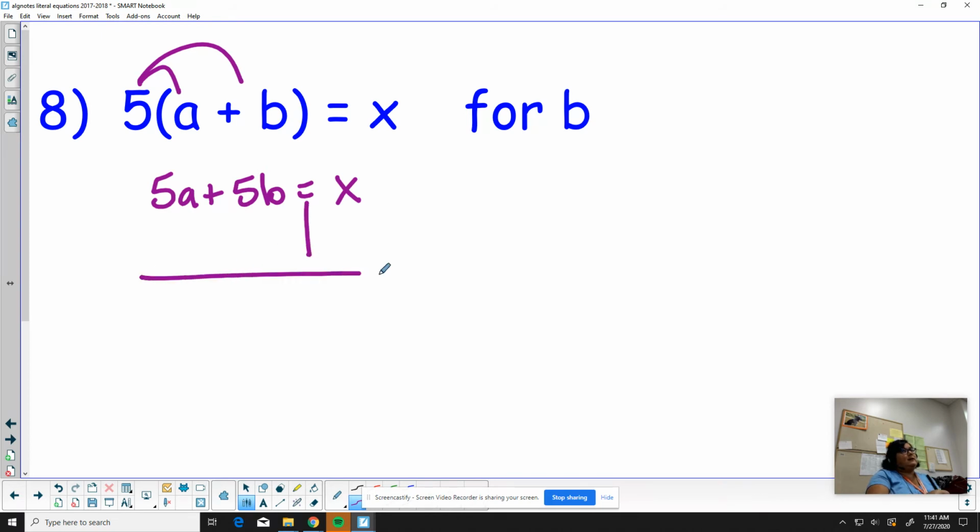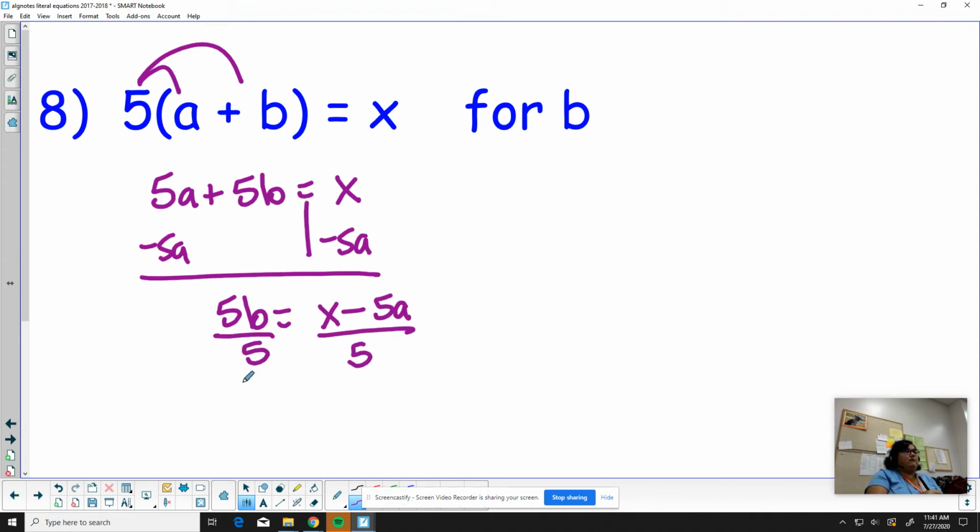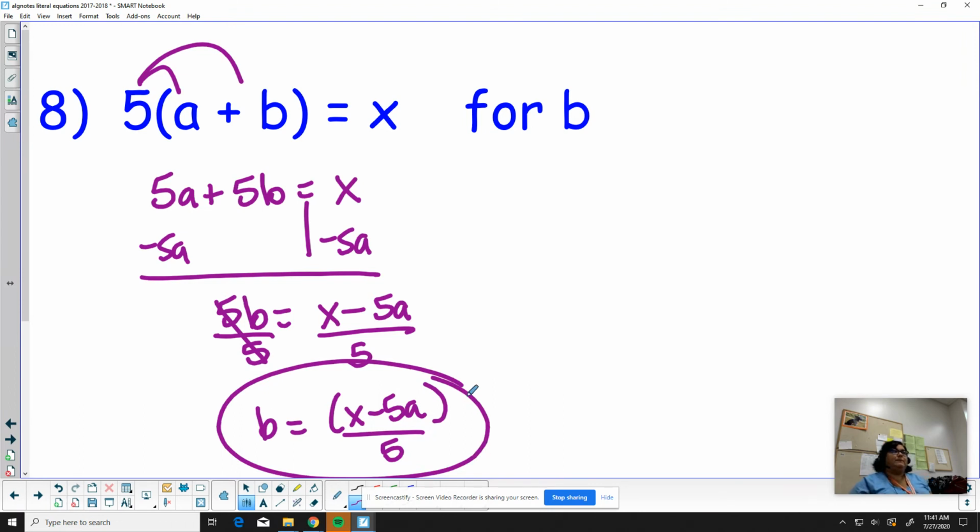So then we could go ahead and subtract 5a on both sides. x minus 5a, and then divide both sides by 5. And I would leave it that way. That's a completely fine answer.